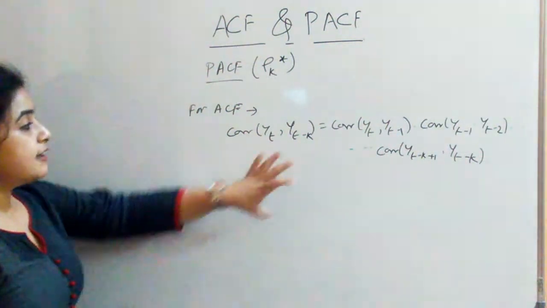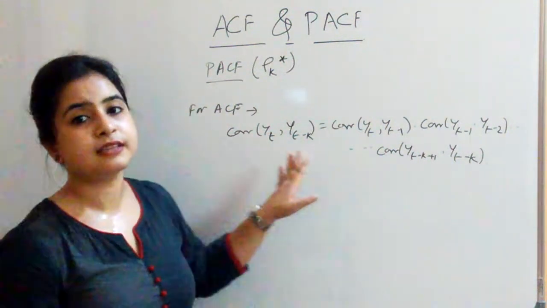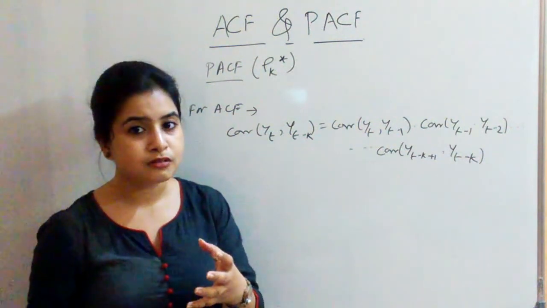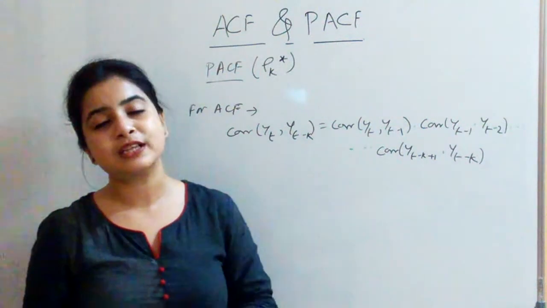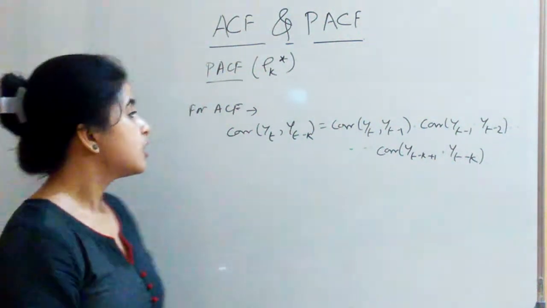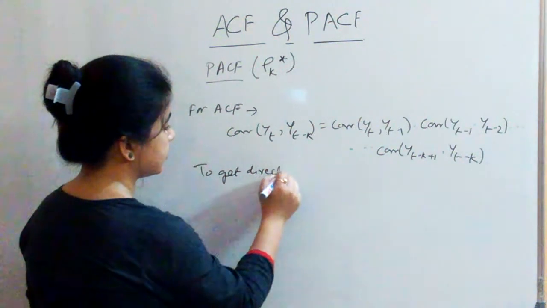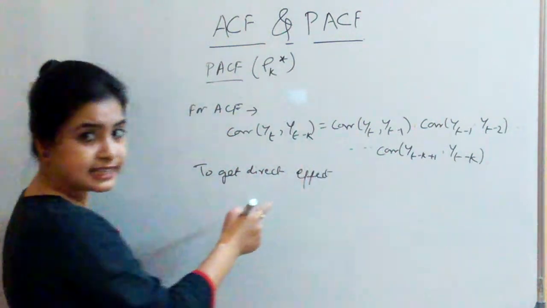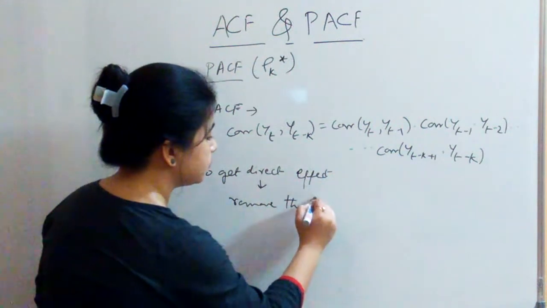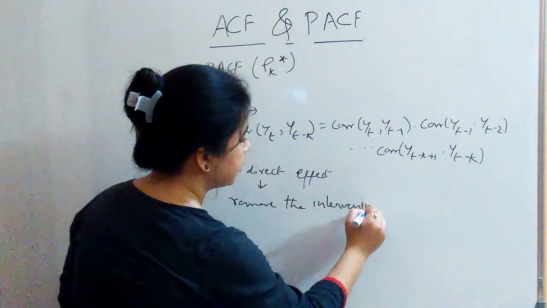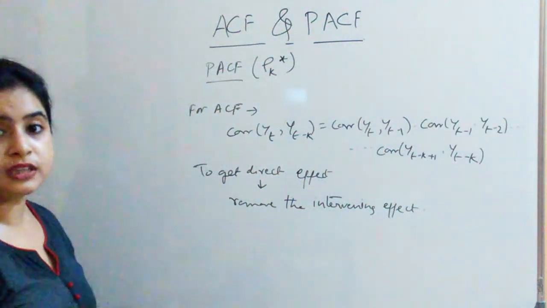But if we want to find the direct effect between the first term and the last term, then what do we need to do? We just need to eliminate the intervening effect, which is known as partialling out the effect. So to get the direct effect, we need to remove the intervening effect between the two.